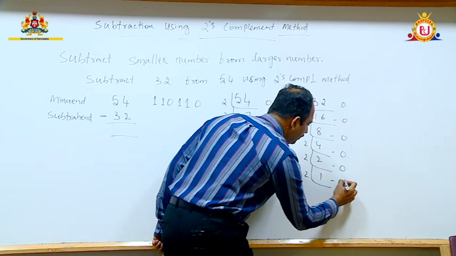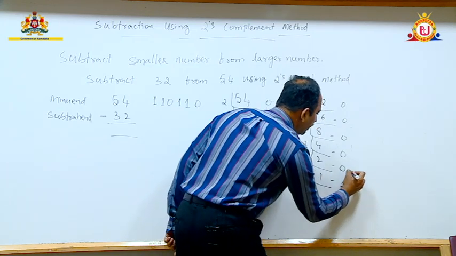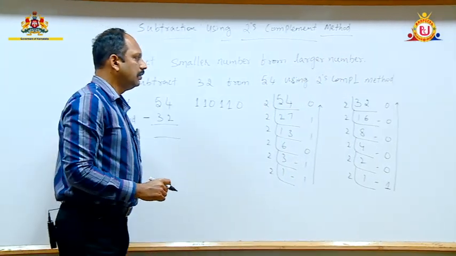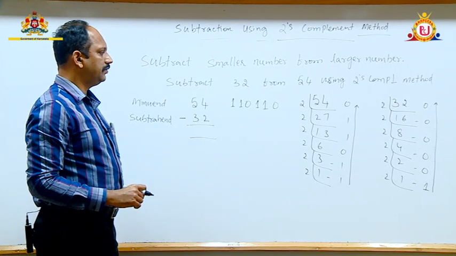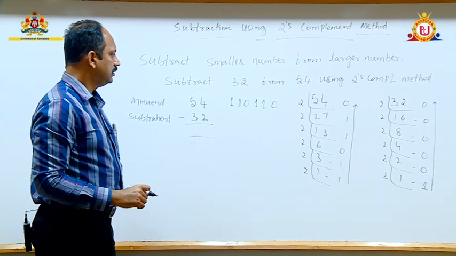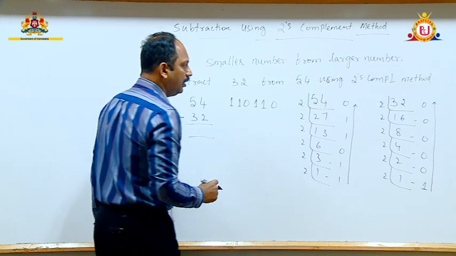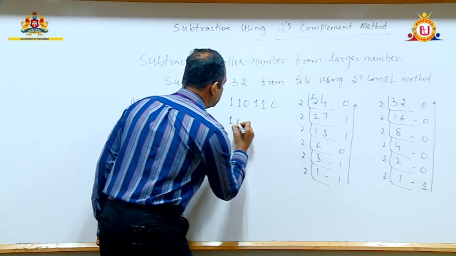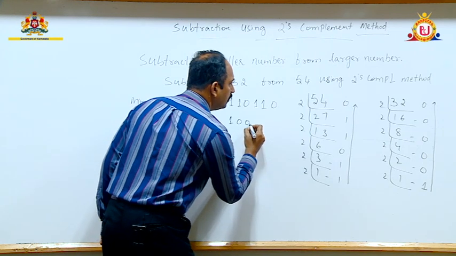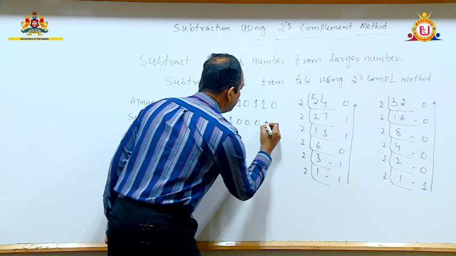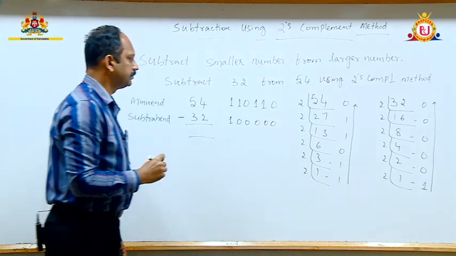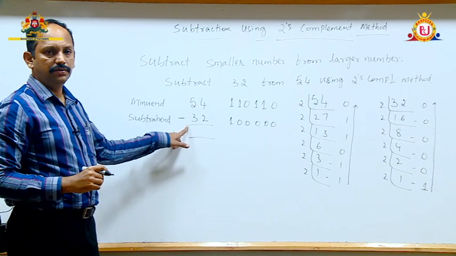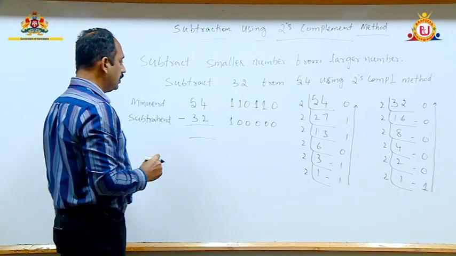And 1 cannot be divided, it is retained as it is. The remainder is 1 there. So the binary equivalent of 32 is 1, 0, 0, 0, 0 and 0. This is the binary equivalent of the value 32.